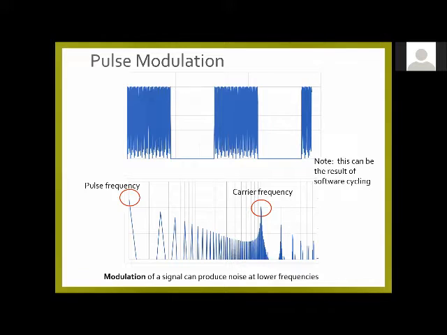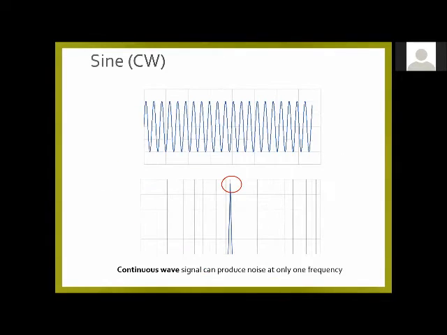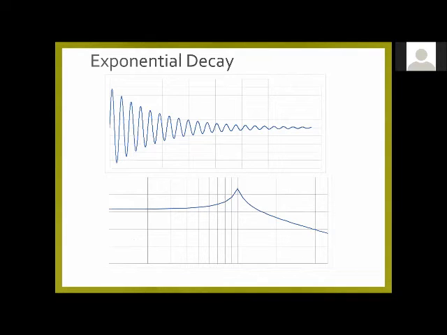Pulse modulation is a lot of fun because you can actually get lower frequencies, because things like a speaker will read the outside envelope of a pulse, like a cell phone, which is why they're shielded. Sine waves, we love sine waves. Exponential decay. This causes our harmonics.